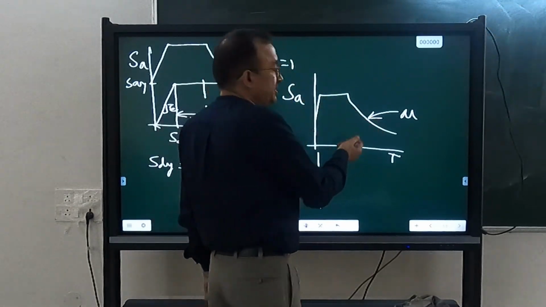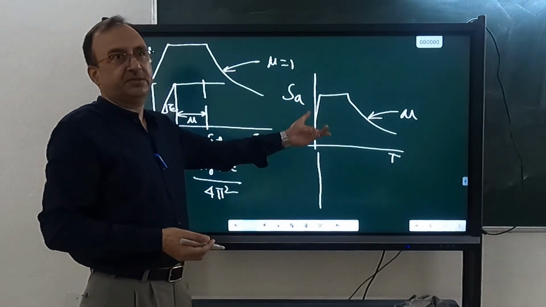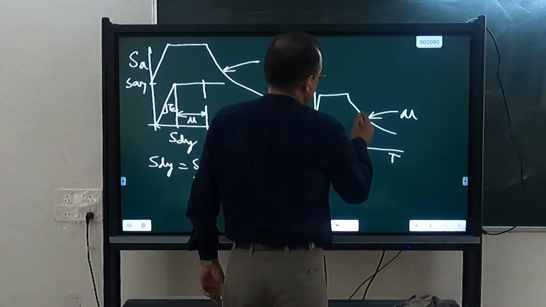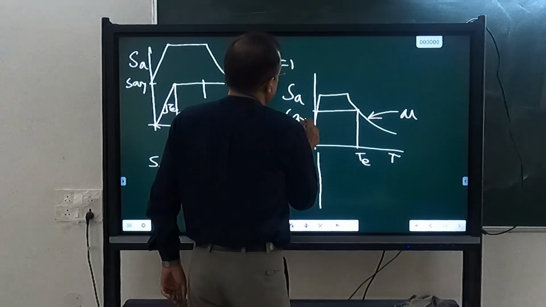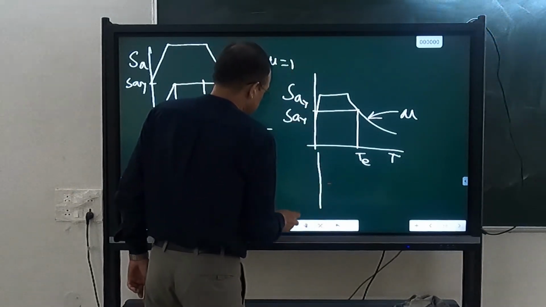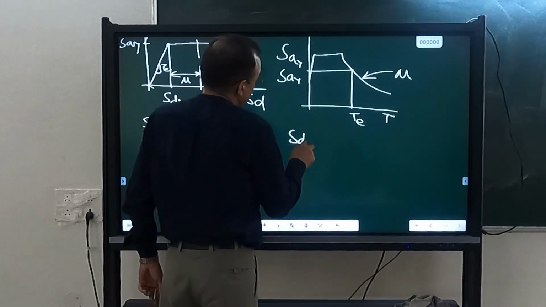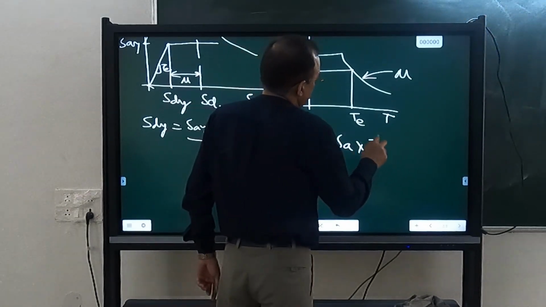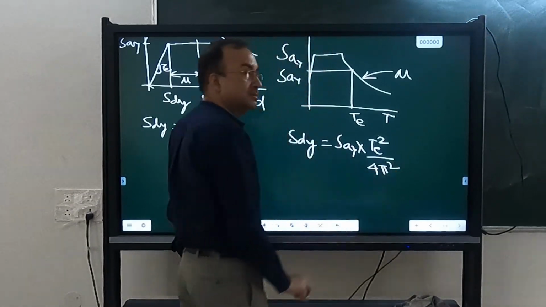Then either you convert this into SD versus T, or you can do the calculations from here itself. So the period remains TE. At this you will get the value of SAY, then you can calculate SDY as SAY into T square divided by 4 pi square.